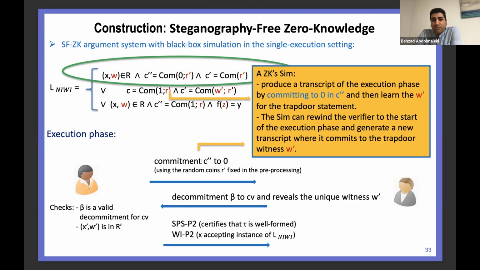Instead of committing to 0, it commits to the witness W prime, because it already got it from the verifier, and then it can generate the NIWI and SPSCK for the second branch of the language.